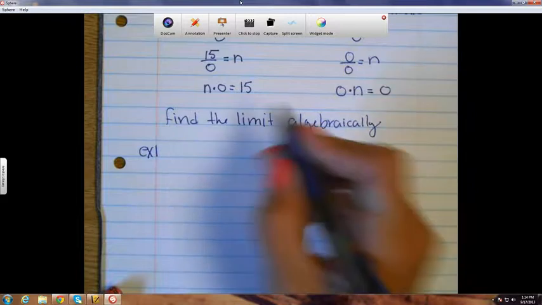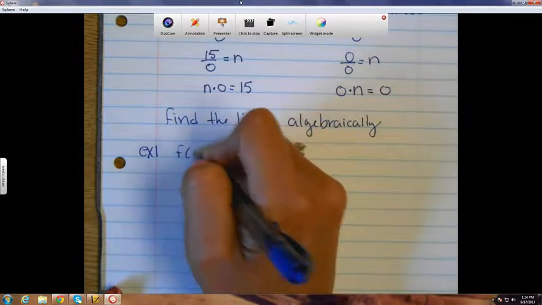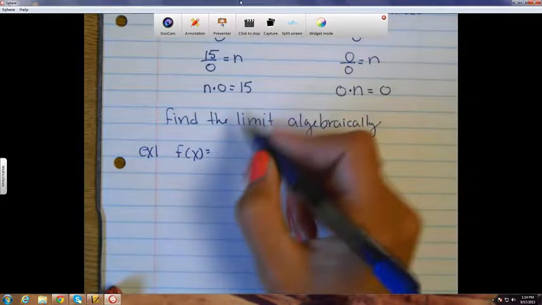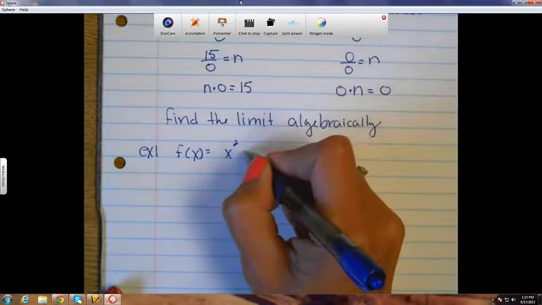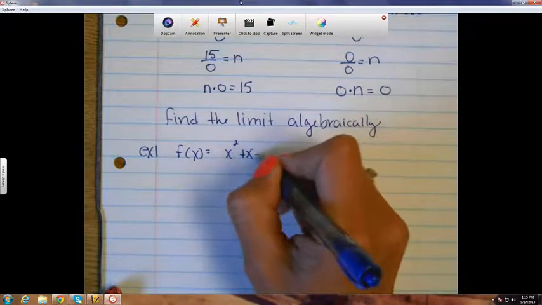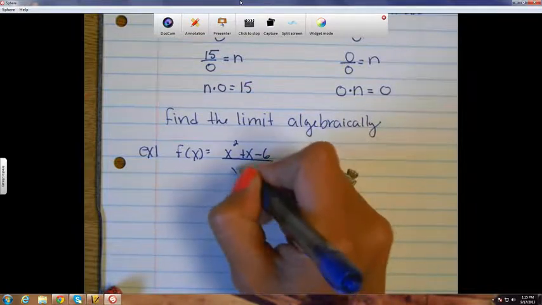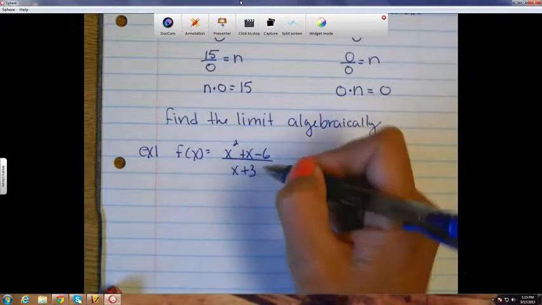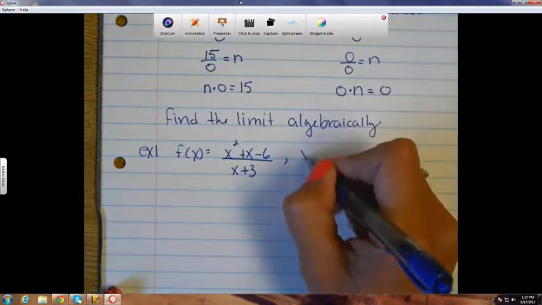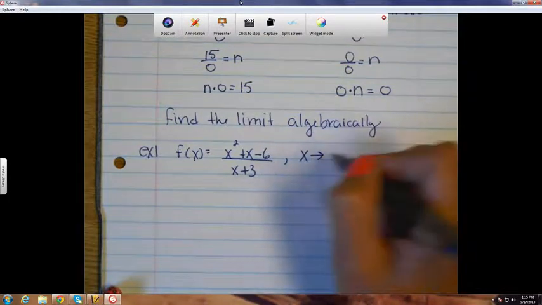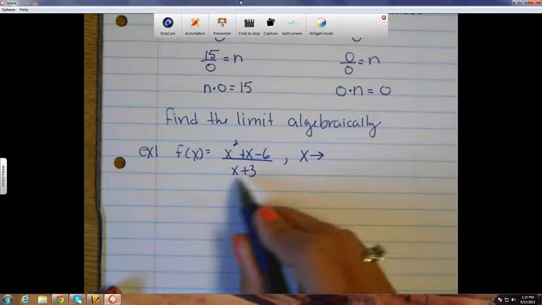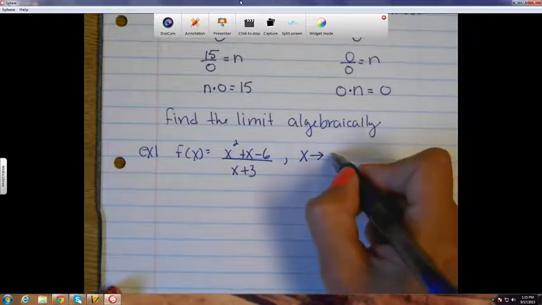We've got f of x equals x squared plus x minus 6 divided by x plus 3. And we are going to find the limit as x approaches, and if you look down here, you know what's coming at you, negative 3.